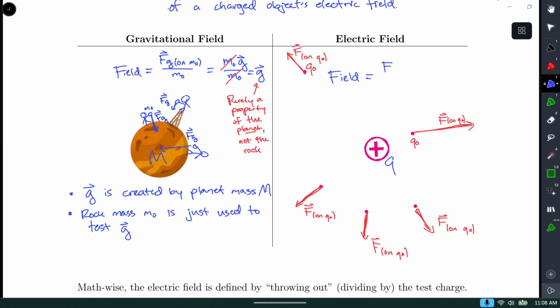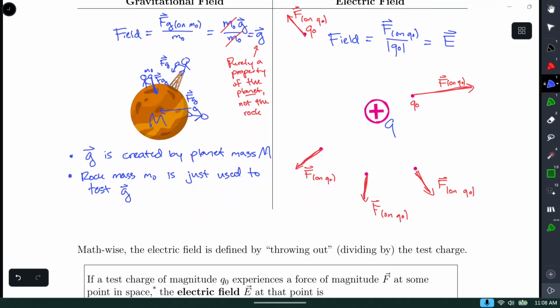I do that by saying measure the force on the little charge, divide by the size of that charge. I'm going to do absolute value. It's not really important because it's a positive charge, but just to say we've already dealt with the direction information by measuring that force. And we're going to call this thing the electric field.